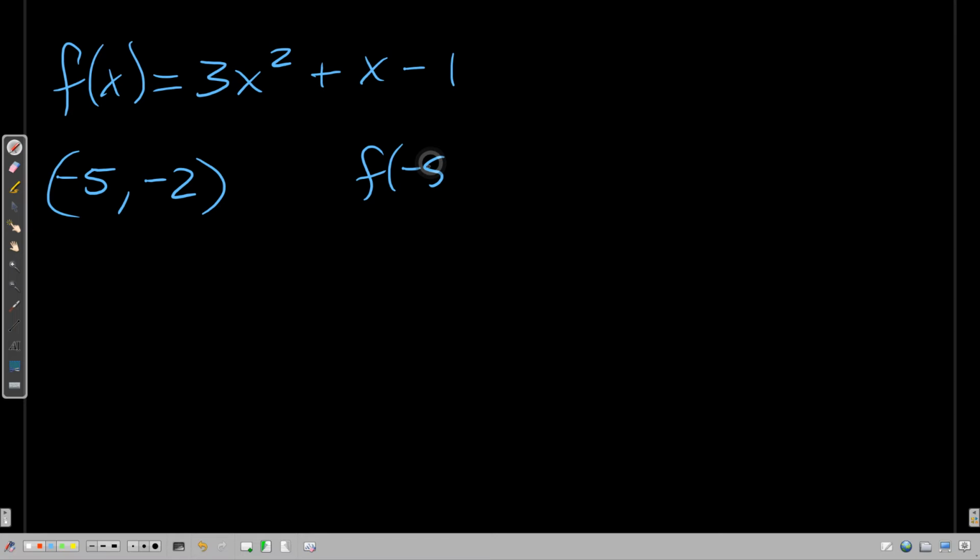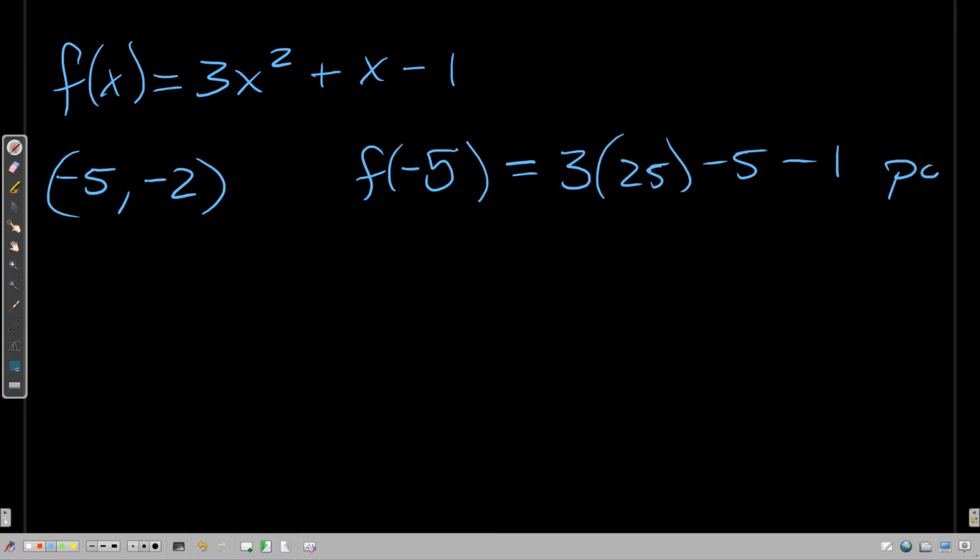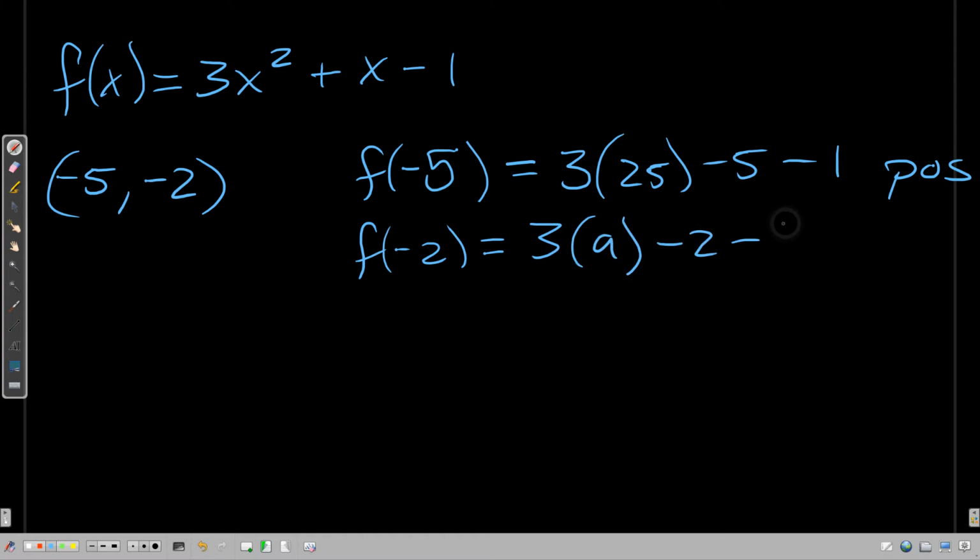So I will check f of -5. I just want to know the sign. So that's going to be 3 times 25 minus 5 minus 1, that's positive. F of -2, that's going to be 3 times 9 minus 2 minus 1, that's positive.